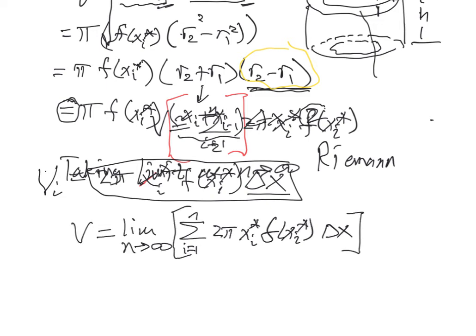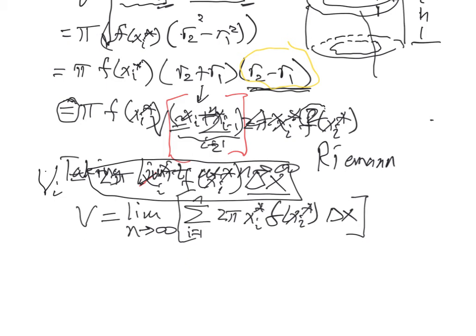That is the definite integral. Let's take the constant out. Actually, not yet. It's the integral from a to b, 2 pi.